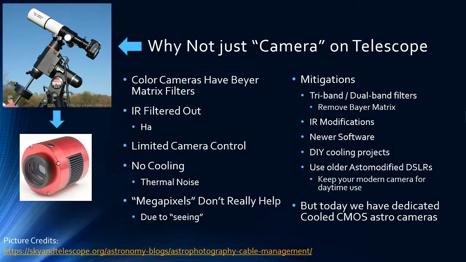But there are some mitigations for some of these restrictions that I just talked about, right? So for color cameras, there are 2 or 3 different manufacturers doing either tri-band or dual band filters that are sort of like super light pollution filters that try to cut down and just show you the bands again of the nebulae, but it's going to be a little bit different because of the oxygen 3 being right between green and blue.